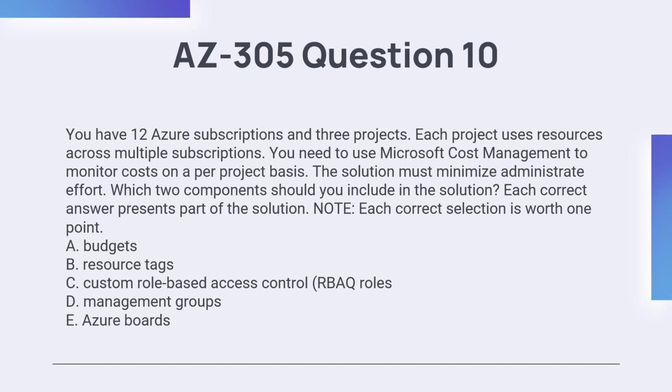Each correct answer presents part of the solution. Note: each correct selection is worth 1 point. A. Budgets. B. Resource tags. C. Custom role-based access control, RBAC roles. D. Management groups. E. Azure Boards.